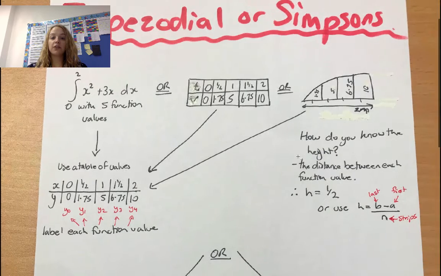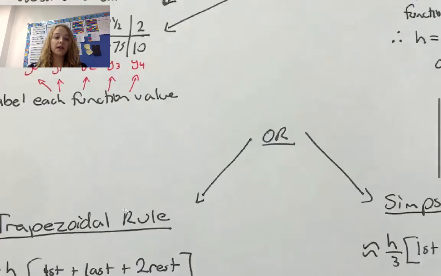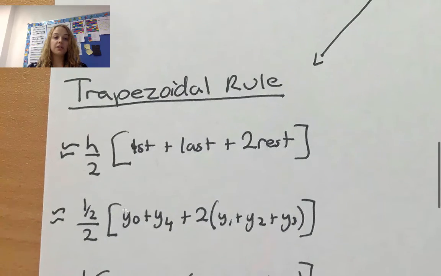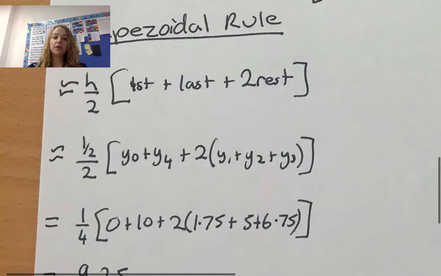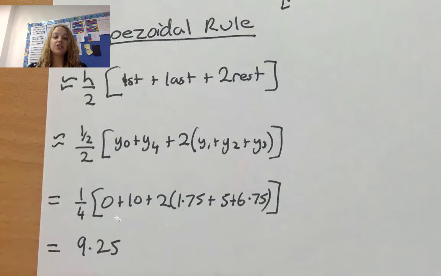Here comes the difference. If it is trapezoidal rule, you're going to go over this way, and it's going to be the height divided by 2, first plus the last, plus 2 times the rest. This is the generalized form for it, and it will work every time. So don't worry about anything that says applications, just pay attention to this.